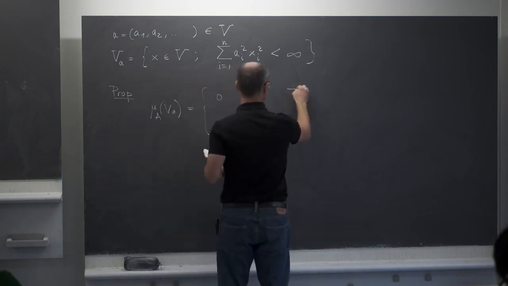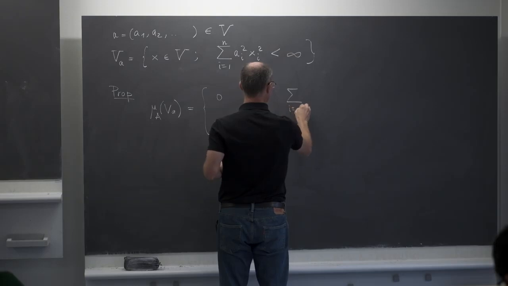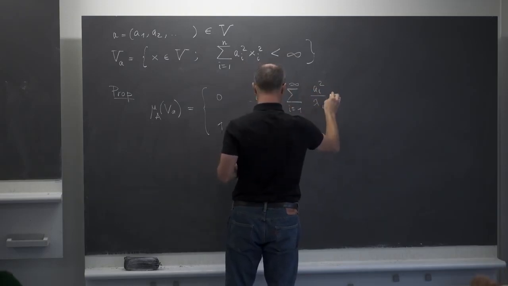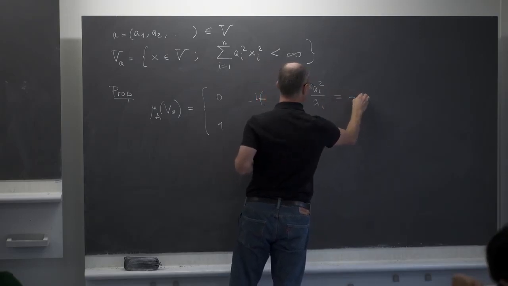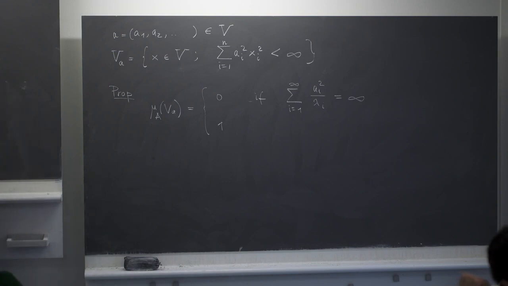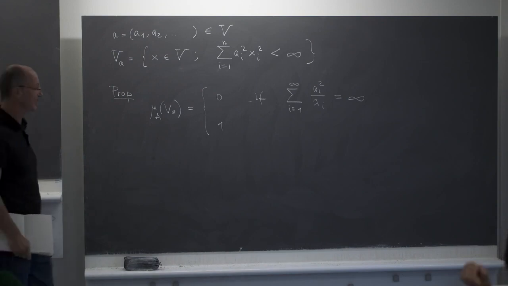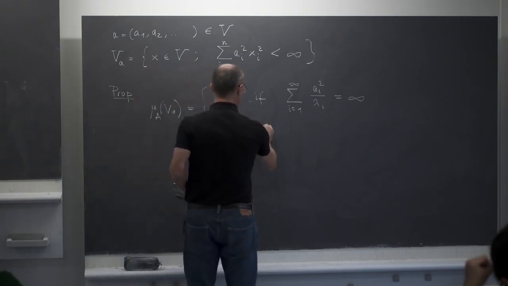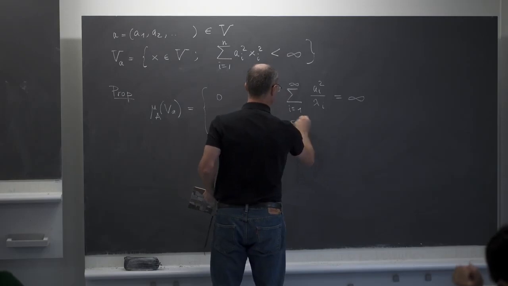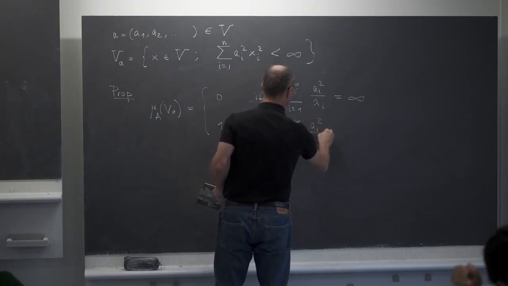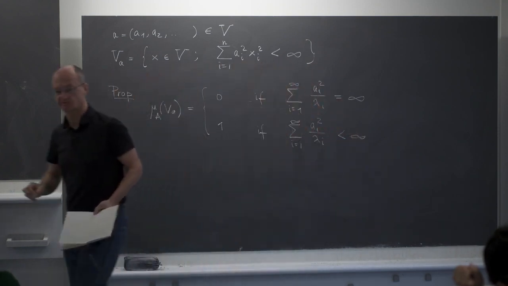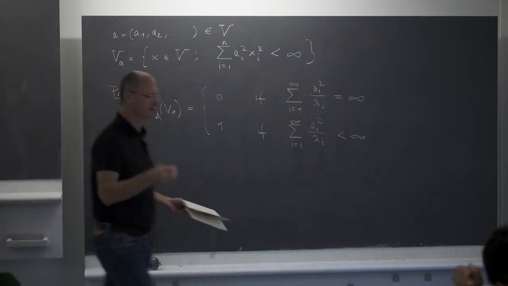And it is 0 if the sum of squares divided by eigenvalues diverges, and it is 1 if it converges. I don't know whether you find it surprising.